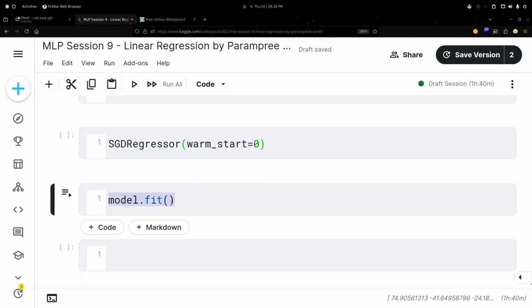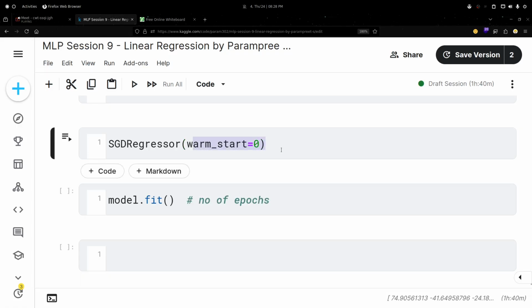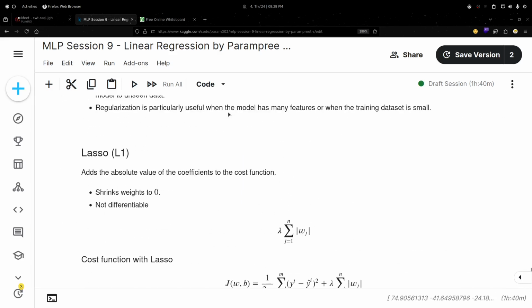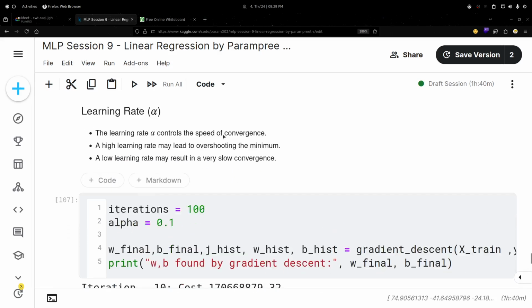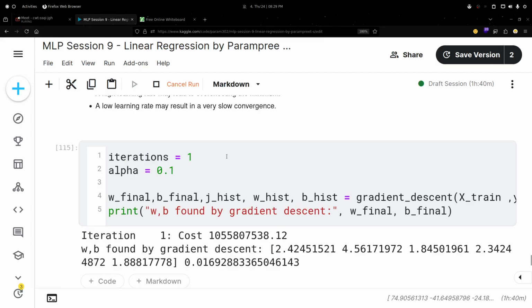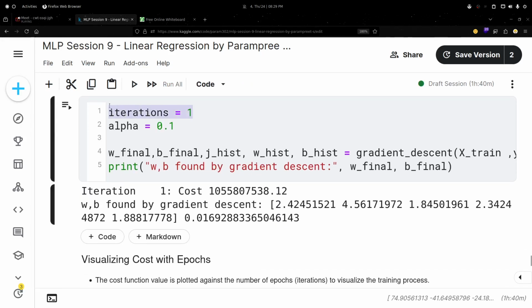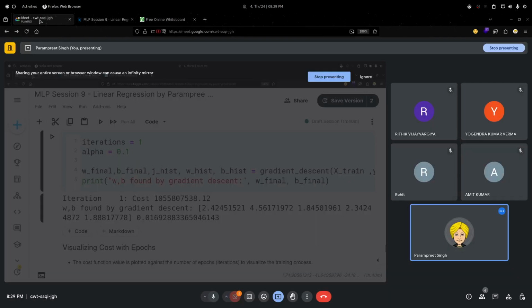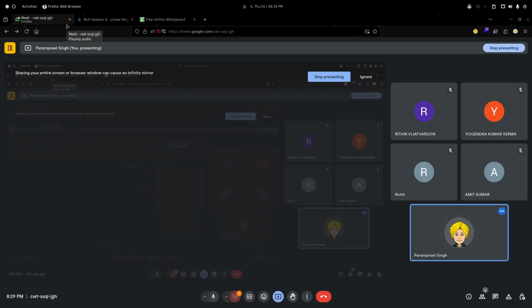So the number of times we call model.fit will be similar to the number of epochs we have. Whenever warm start is false, we are only taking the gradient once, we have set epochs as 1. Let me tell you once more, here iteration is 1, similarly it means warm start is off. If warm start is true, the steps accumulate, so that is what warm start does.